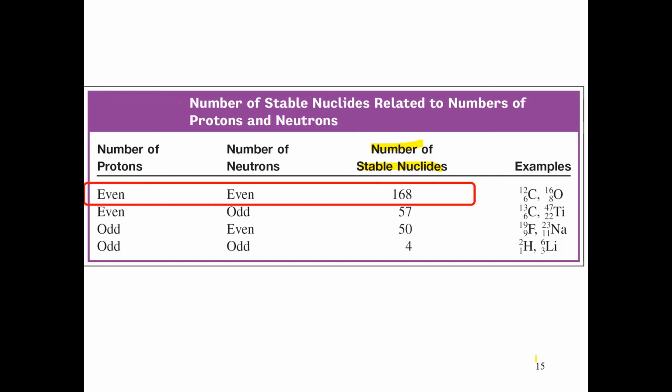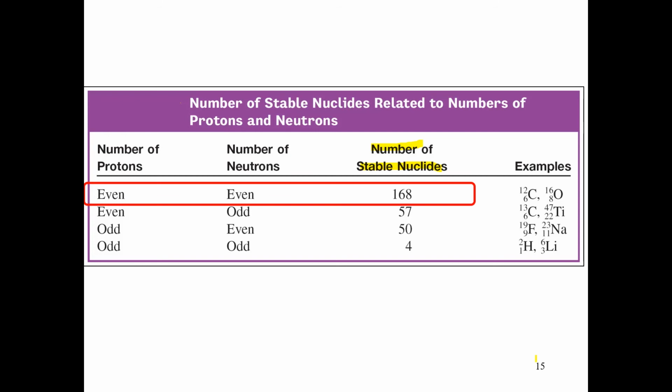And what you see is that for those nuclides that have an even number of protons and an even number of neutrons, there are 168. In other words, more than half of the known stable nuclides belong to this category of atoms that have even number of protons and even number of neutrons.